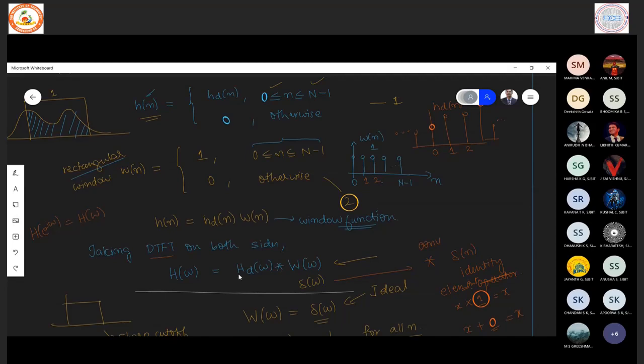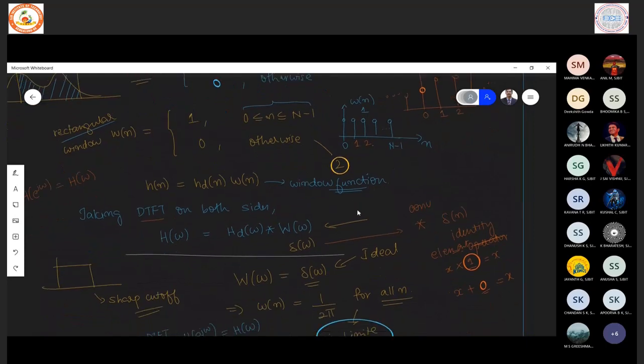Therefore, we have HD of omega convolved with capital W of omega. HD of omega is the DTFT of HD of n, and capital W of omega is the DTFT of W of n. We are convolving the two DTFTs in the frequency domain.